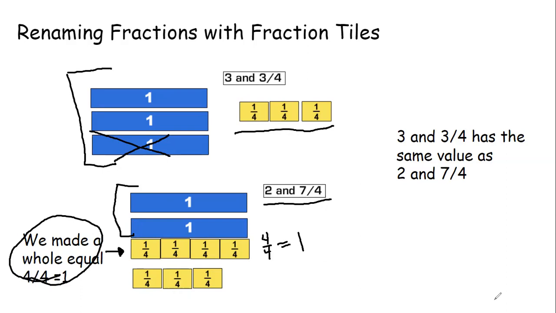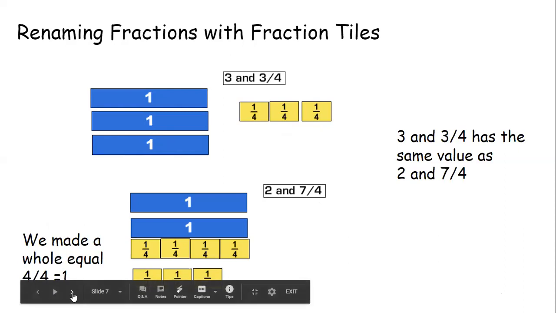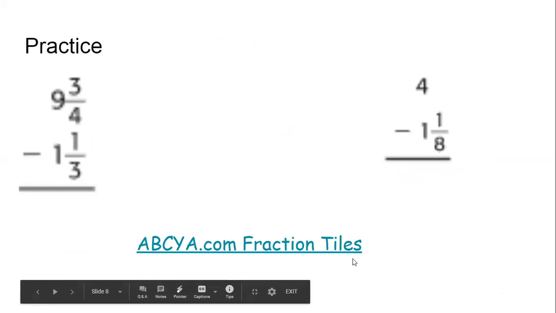That's how we rename. My advice to you is to use fraction tiles for the renaming. That will give you the practice that you need in order to do the renaming. Eventually, you'll be able to do it by mental math or some other process.